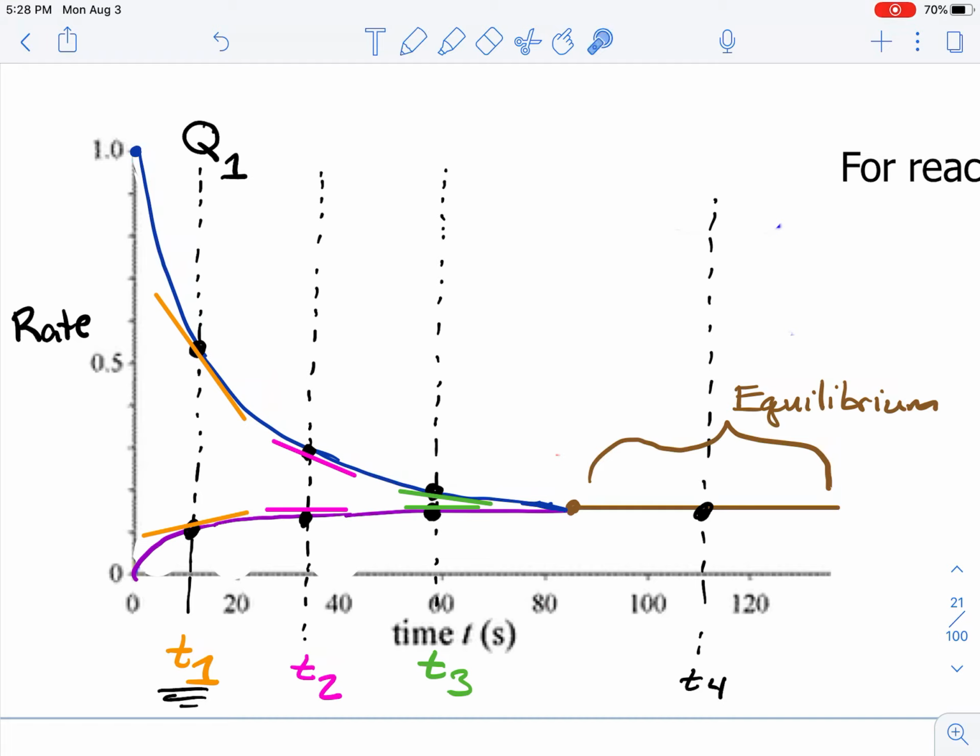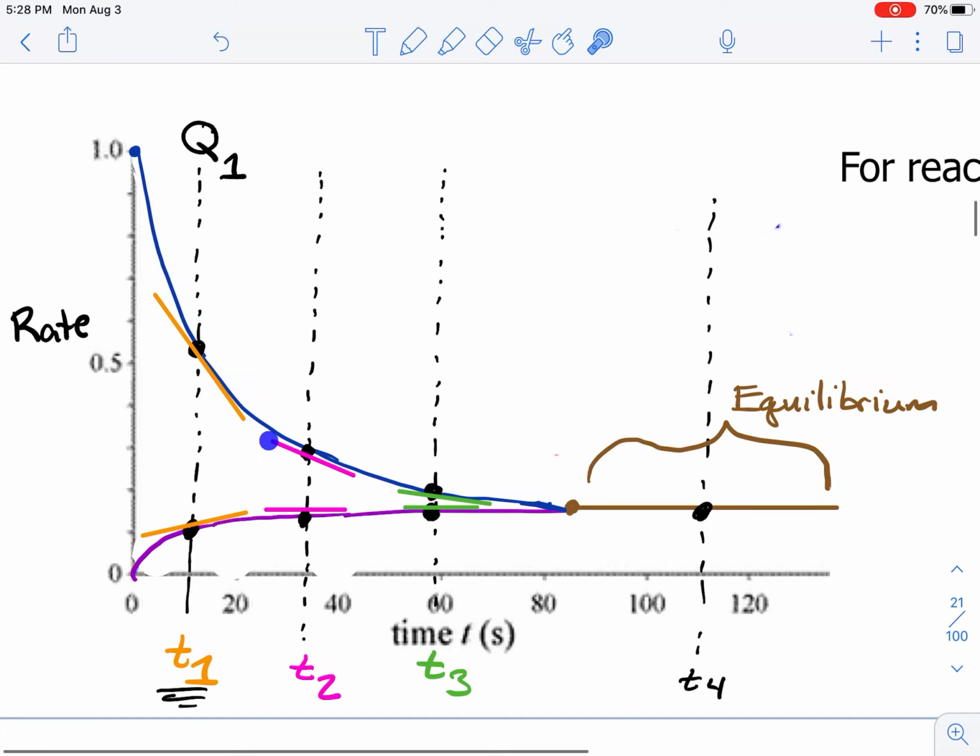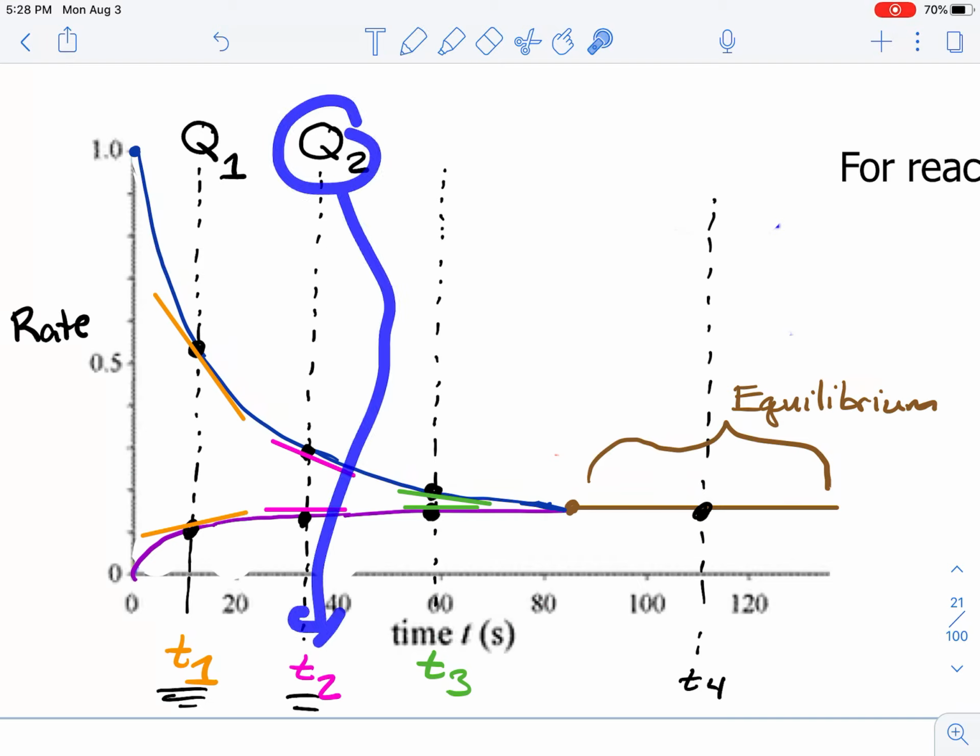And so I want you guys to notice that as we progress from T1 to T2, the slope changes compared to T1. So therefore, when we take the ratio of the rate of the forward reaction and the rate of the reverse, that value is going to change. And so at time period 2, the reaction quotient, I'm going to say Q2, will represent the reaction quotient at time 2.